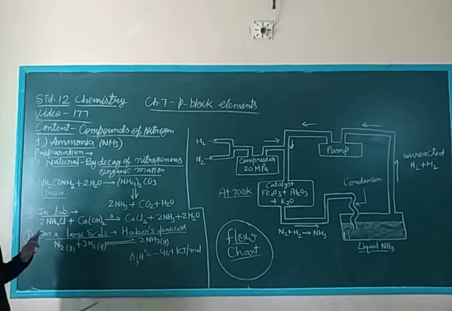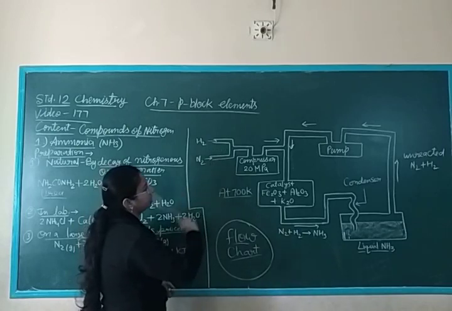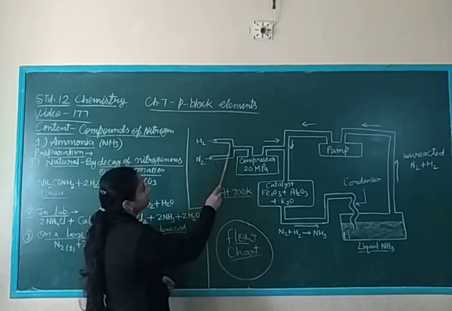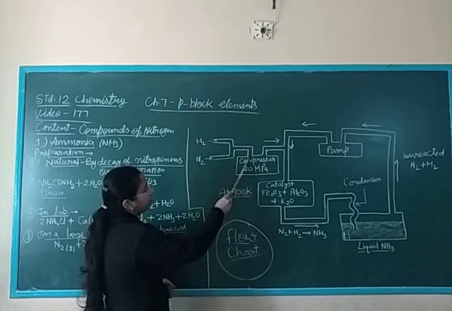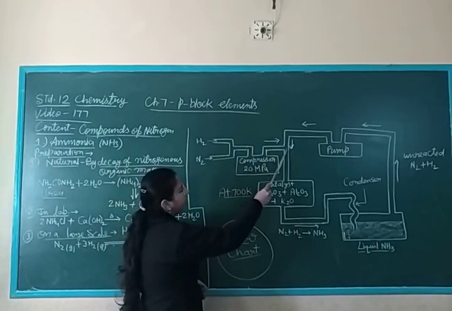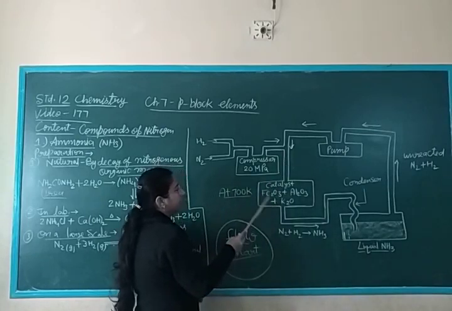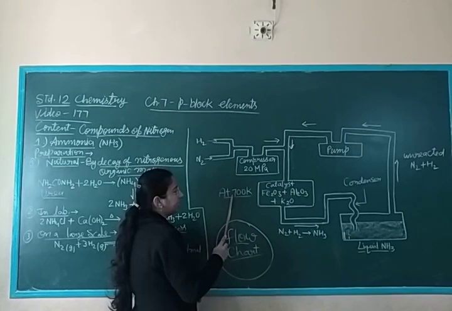Now I will discuss the flow chart. Hydrogen gas and nitrogen gas go into this tube, and by applying the compressor, both gases are compressed and go to this chamber. In this chamber a catalyst is present, and we have to apply a temperature of 700 Kelvin.